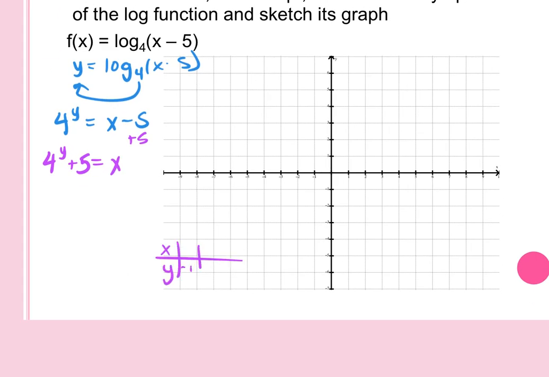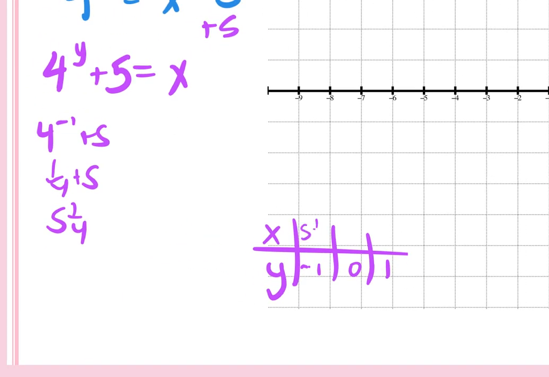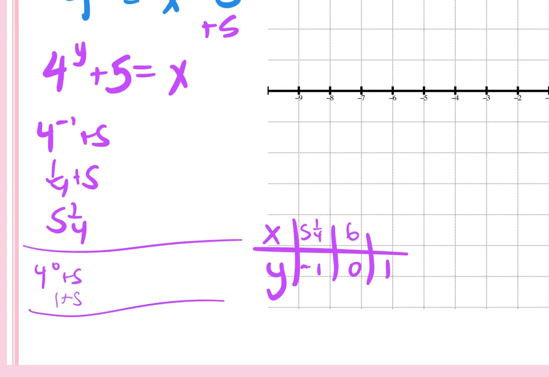Negative 1, 0, 1. So 4 to the negative 1 plus 5 is 1/4 plus 5, or 5 and 1/4. 4 to the 0 plus 5 is 1 plus 5, which is 6. And 4 to the first plus 5 is 4 plus 5, which is 9.